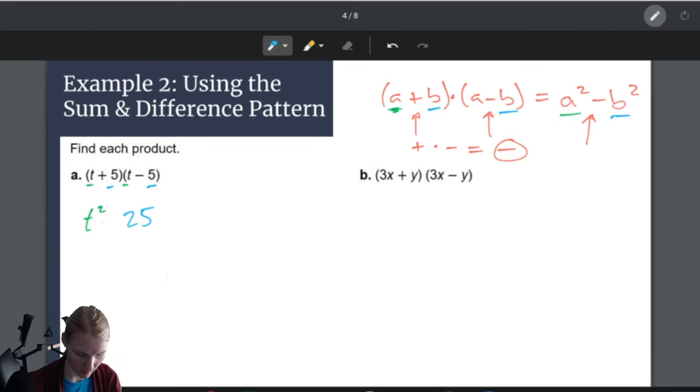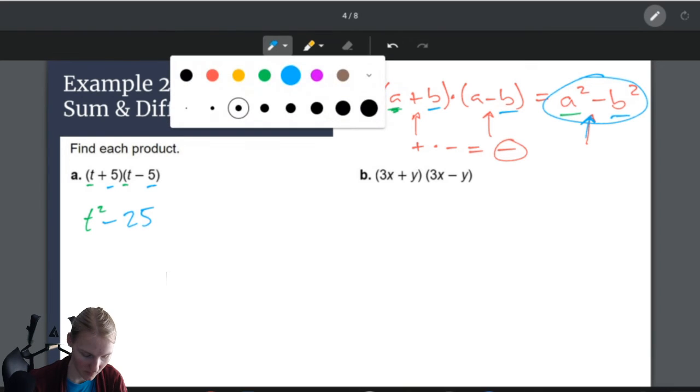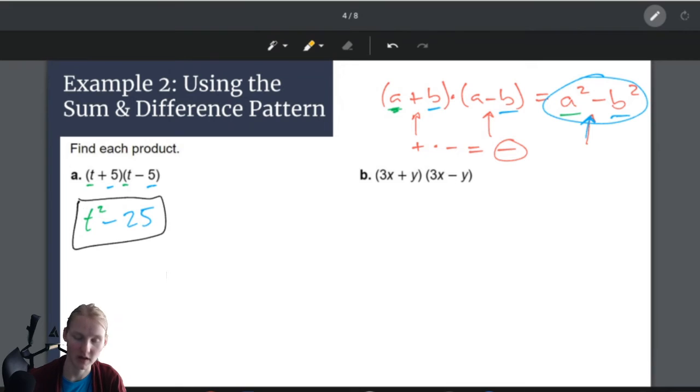And there better be a minus between them, because that's what the pattern is, there's always a minus there. So that is your final answer: t plus 5 times t minus 5 is just t squared minus 25. Woohoo! That one wasn't so bad.